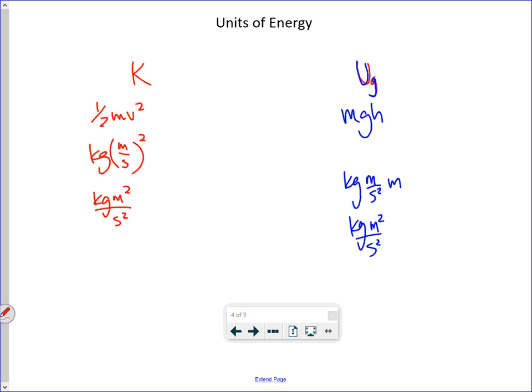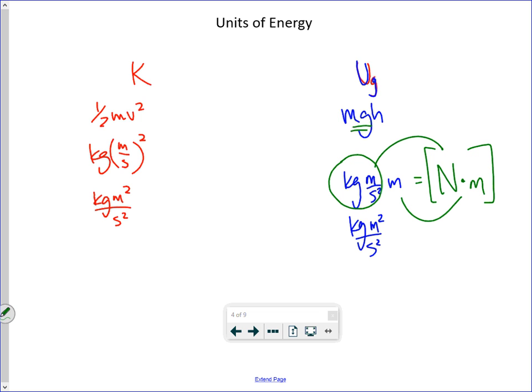Oh, but some of you will notice, well, yeah, mg, that's like a force. So this is just like a Newton times a meter. So that's a pretty common unit to express energies in, Newton meters. But that's given a name, all right?